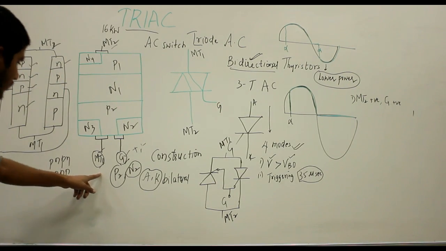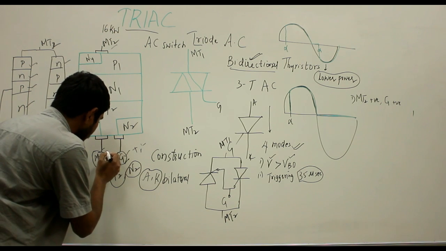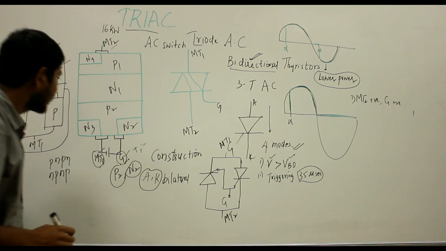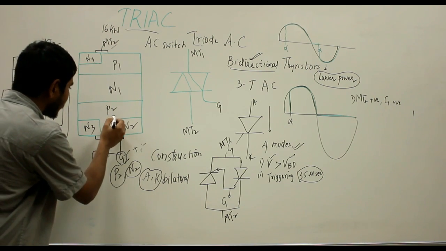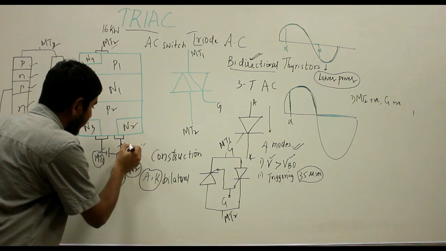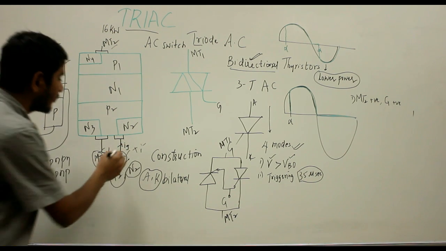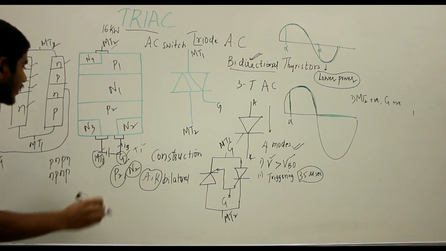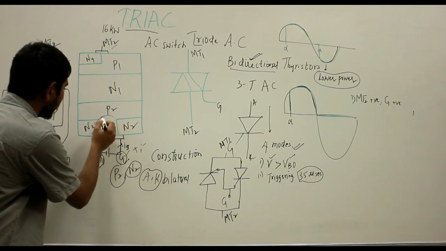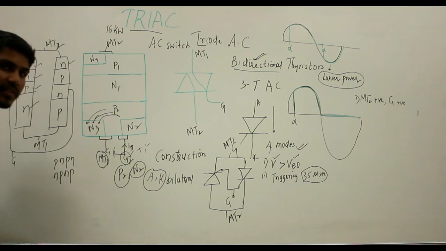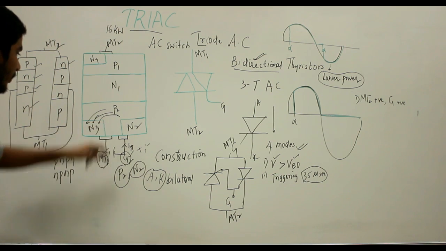So if this is the negative terminal of the battery and this is the positive terminal, the gate current IG will flow from here. The charge carriers are injected into the P2 layer.